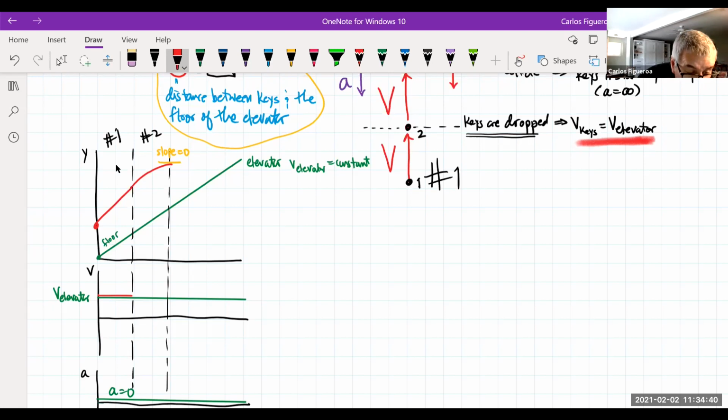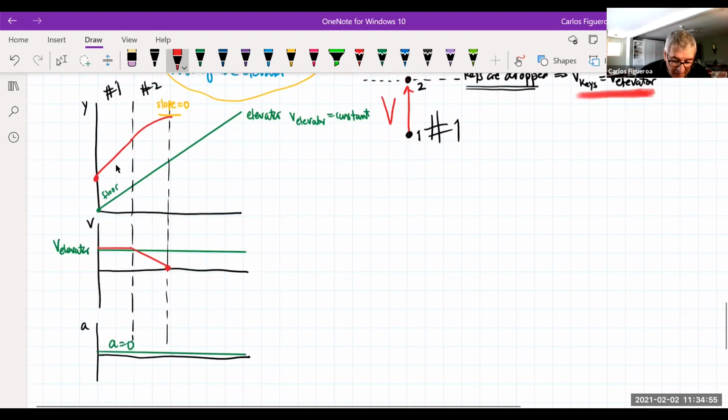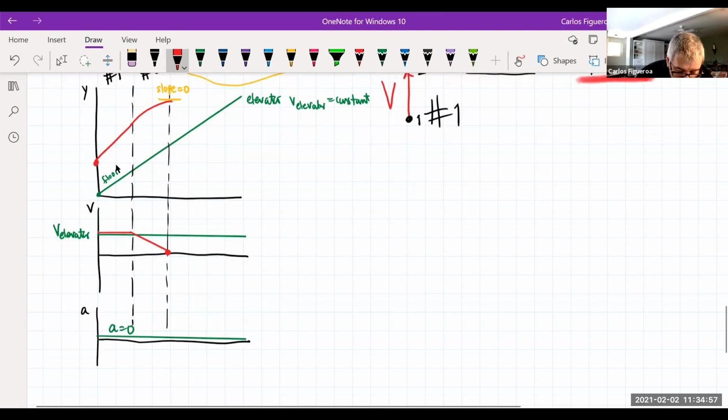It's going to go to 0 right there. So what that means is that during this spot, you're seeing the speed decrease linearly till it stops. And the only reason it's doing that is because initially the keys are moving with 0 acceleration, and then they start to decelerate and move at this constant acceleration right here.